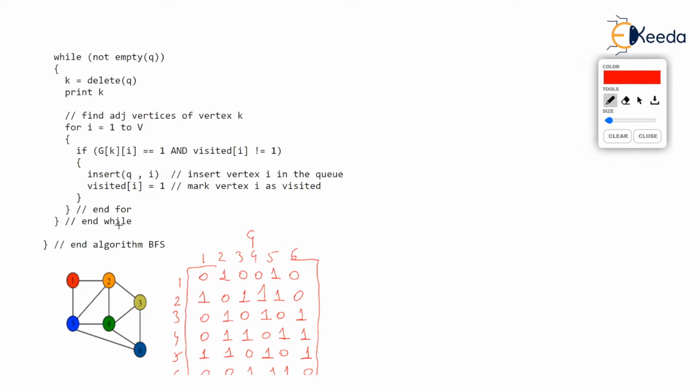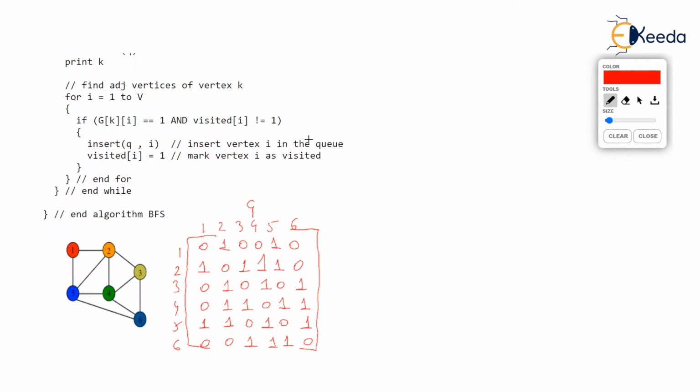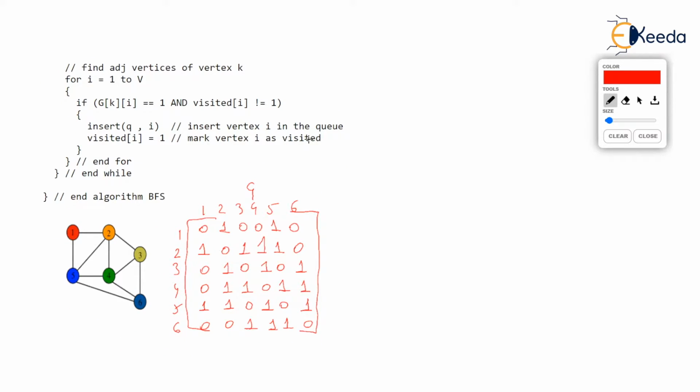And what else do we have? The algorithm uses an array named visited, just as in the case of DFS. That visited array has V elements, and all the elements of visited are initialized to 0. In this example, we have exactly such a visited array, with 6 elements, one for each of the 6 vertices, and all those elements are 0.